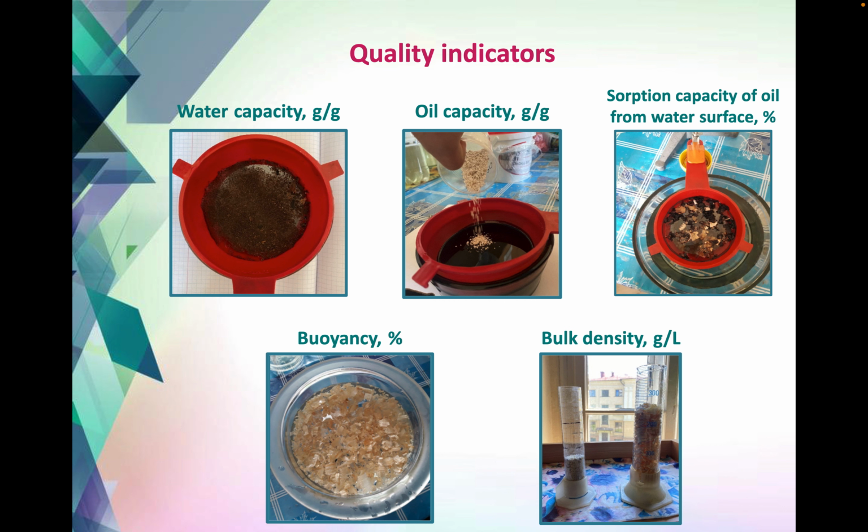Oil capacity was determined as the ratio of the mass of oil absorbed by a sorbent to the mass of dry sorbent. Water capacity was determined in the same way, while bulk density was determined as the ratio of the mass of a sorbent to the volume it occupied, and buoyancy by the amount of sorbent that remains on the surface of water after a certain time.